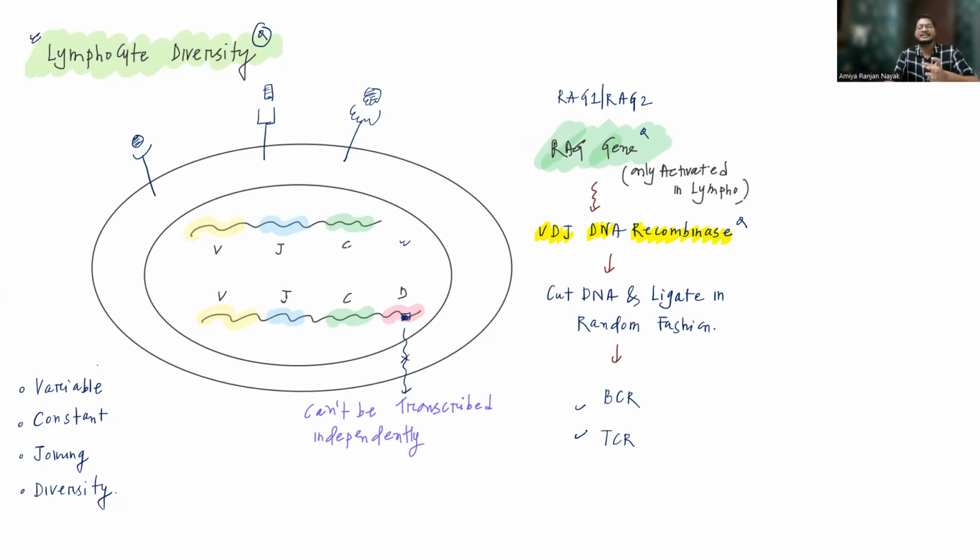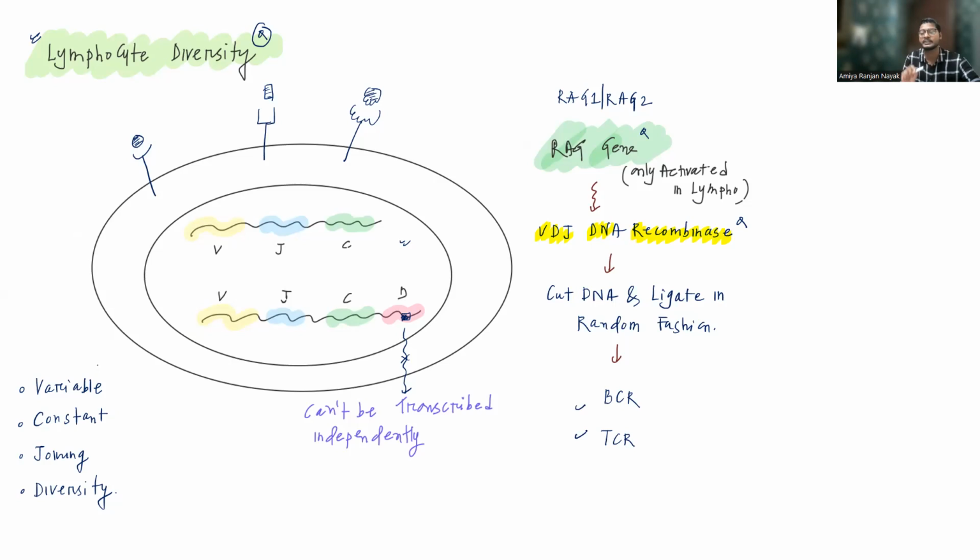Because of this VDJ DNA recombination, the lymphocytes develop different types of antigen receptors and they can identify different types of antigens. One more point you have to remember is that the gene clusters of lymphocyte receptors are present in all the cells in our body, not only in the lymphocytes.